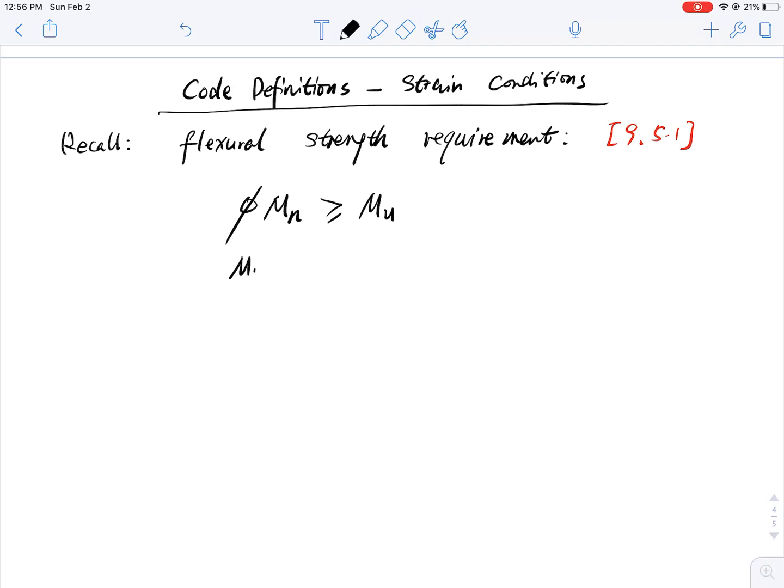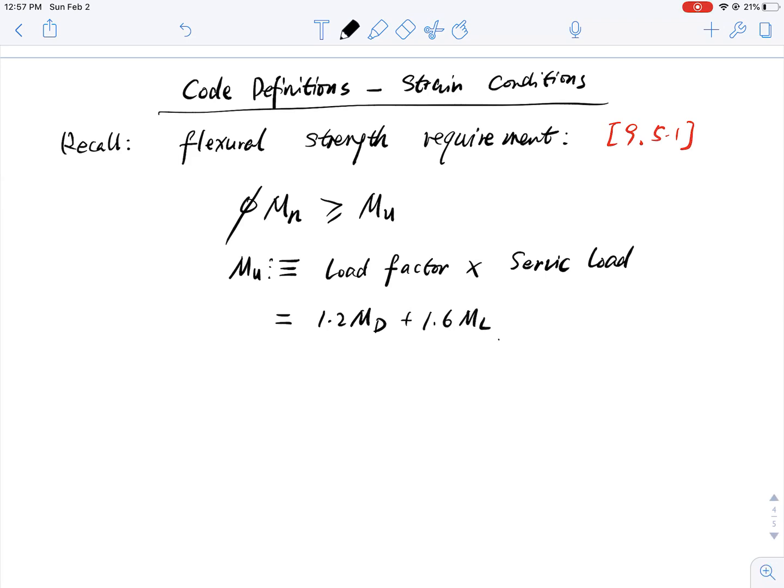Of course, Mu here, defined by the three lines, equals a load factor multiplied by service load, which simplifies as 1.2 dead load MD plus 1.6 live load.